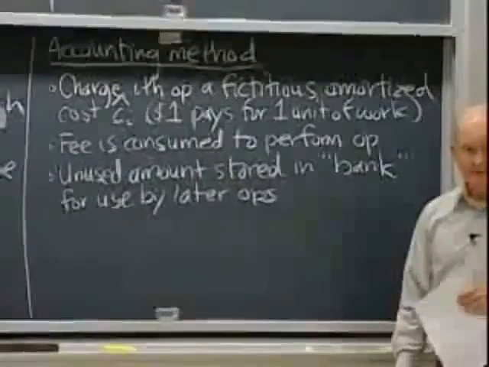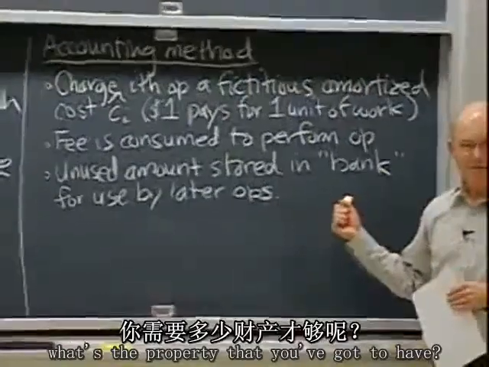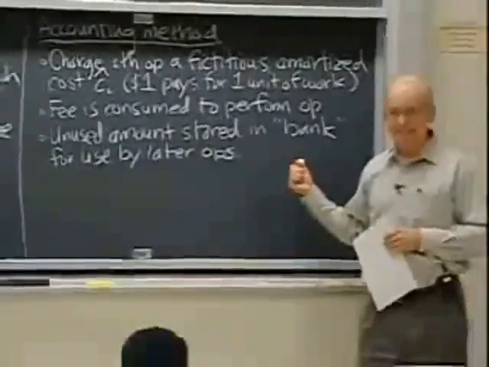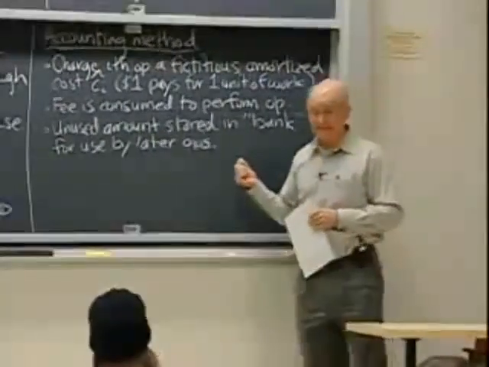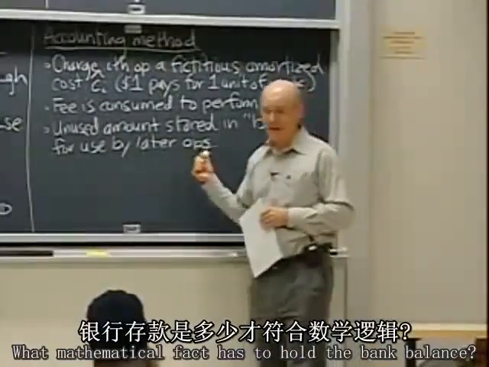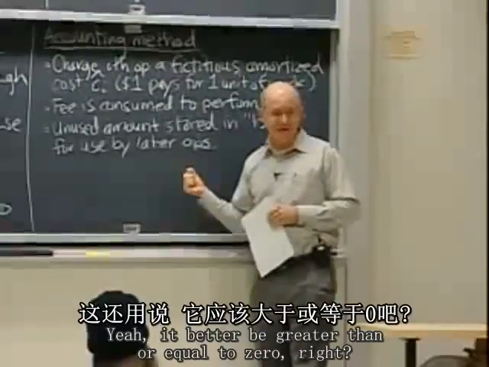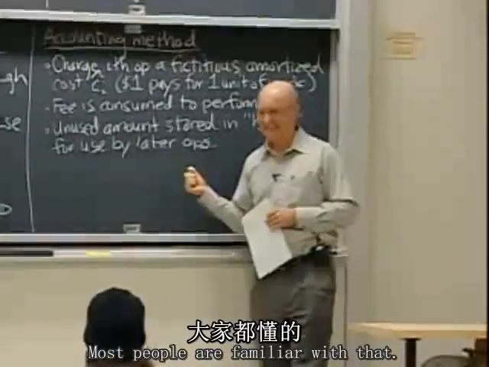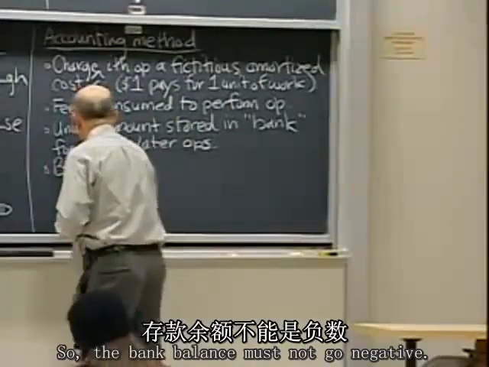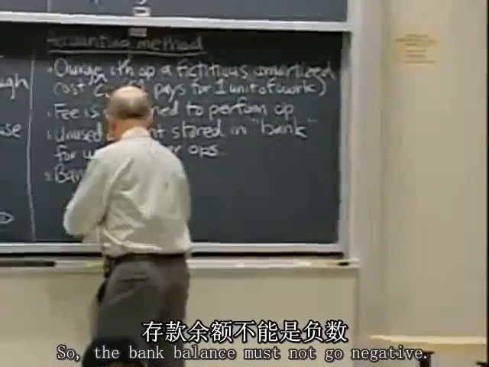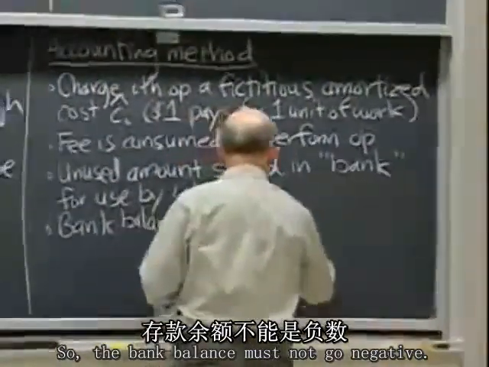Okay? And so you don't get arrested, what's the property that you've got to have? You have to have the bank balance. What mathematical fact has to hold of the bank balance? Yeah, it better be greater than or equal to 0, right? Most people are familiar with that. The bank balance must not go negative.